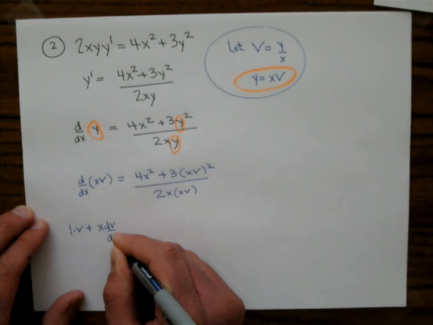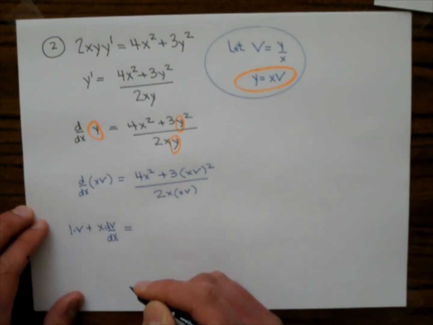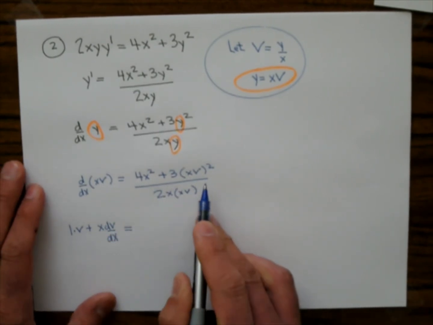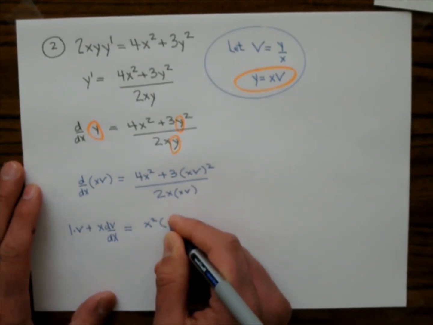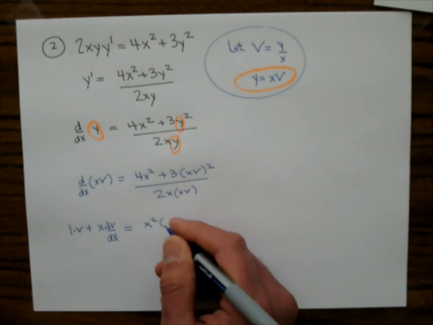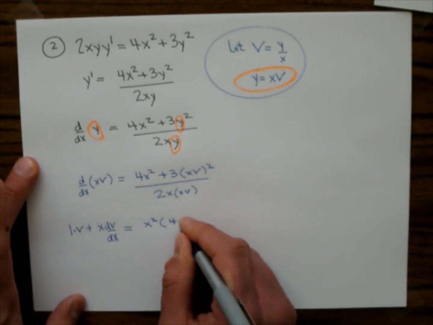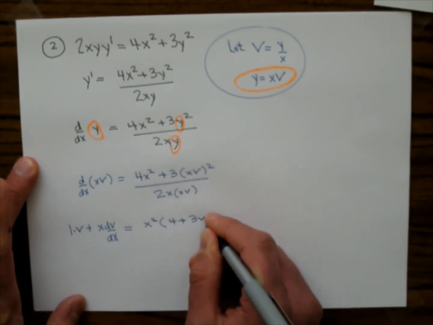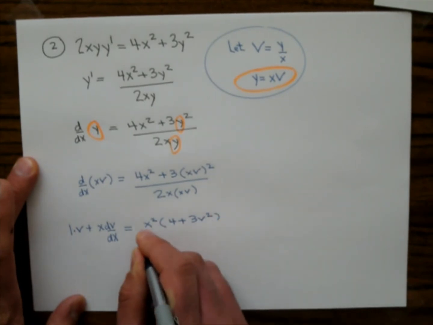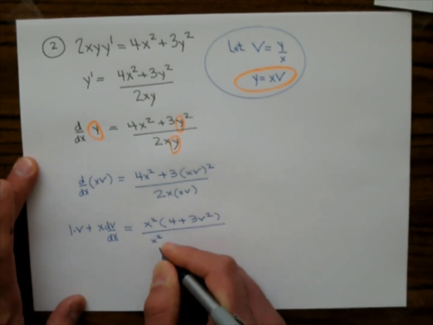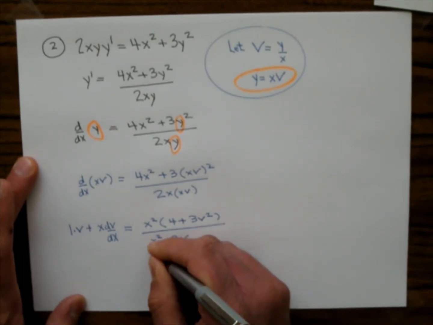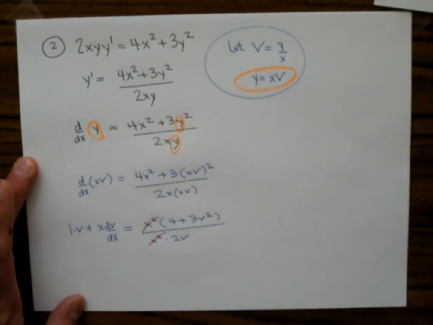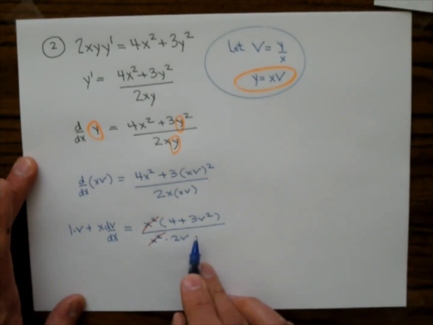After a while, you might just start memorizing what happens on the left-hand side. On the right-hand side, I'm going to factor out an x squared from the top. So on the top, it will be 4 plus 3v squared, and on the bottom I'm going to have this x squared with a 2v. The x squareds cancel, and I end up getting this expression right here.